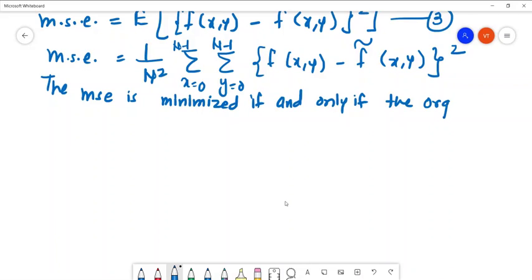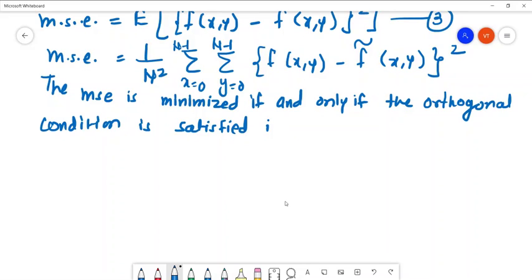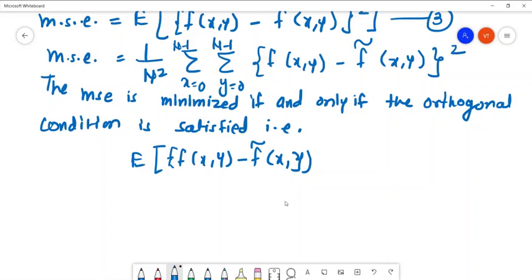If the orthogonal condition is satisfied, that is, the mean square error between f and f tilde is orthogonal to g of xy.